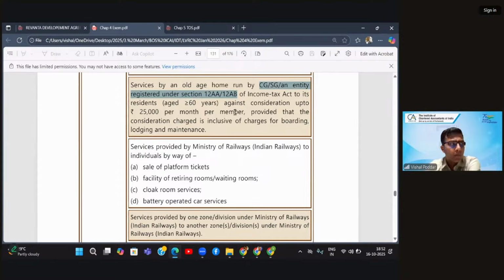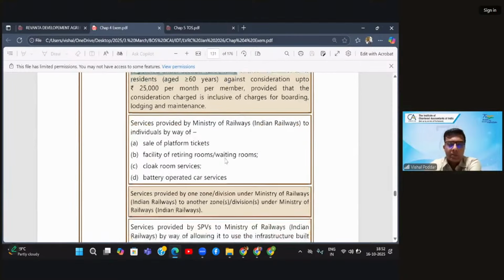So if their per month charges charged to these residents is not exceeding 25,000, then they are also eligible for exemption. However, if their charges exceed 25,000, they will become taxable.